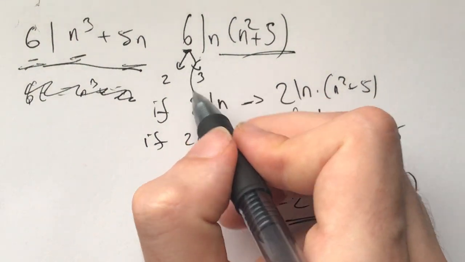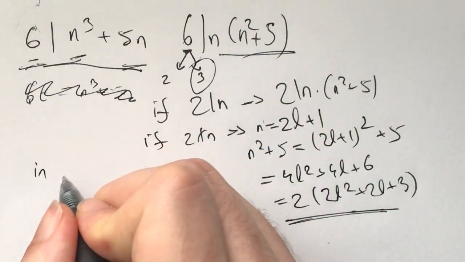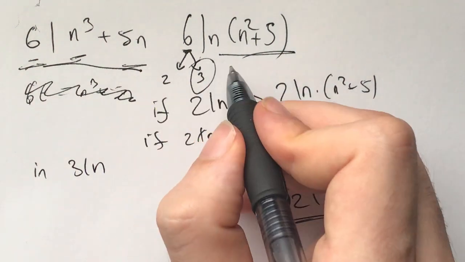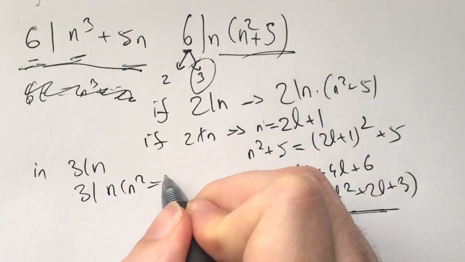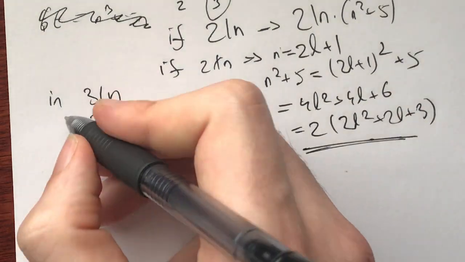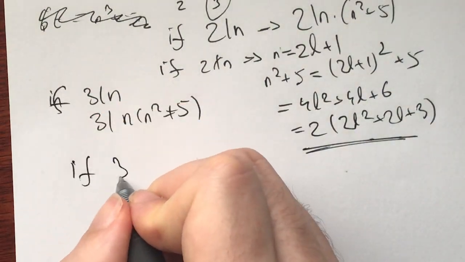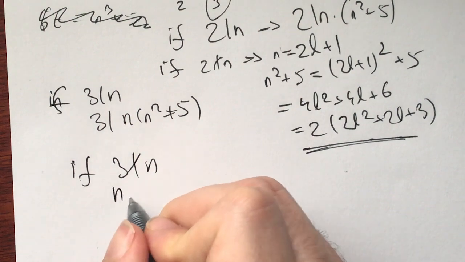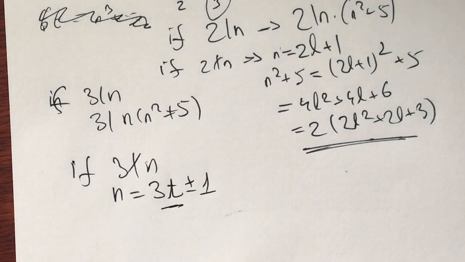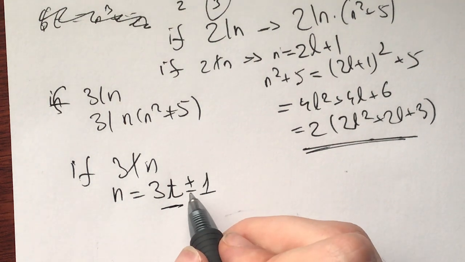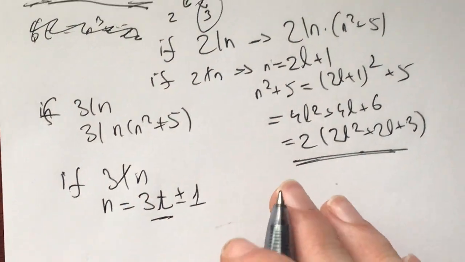On the other hand, for 3, if 3 divides n, then 3 divides n times n squared plus 5. And if 3 doesn't divide n, then n is of the form 3t plus or minus 1 for some t. It's either going to be plus 1 or minus 1 for those that haven't seen this sign before.